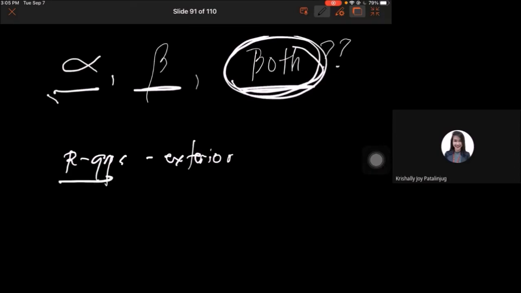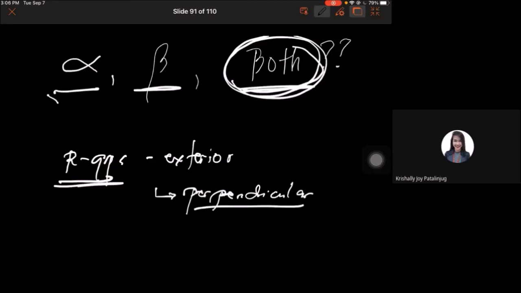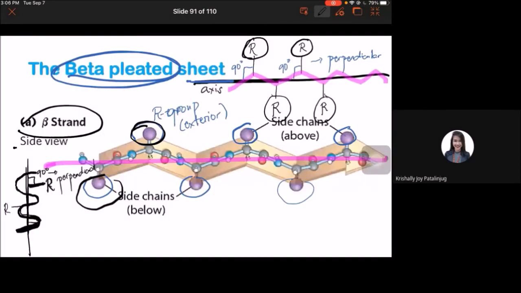R groups is perpendicular to the axis. Okay, tama. It is both also. Okay, good. Sige. So, let us now continue.